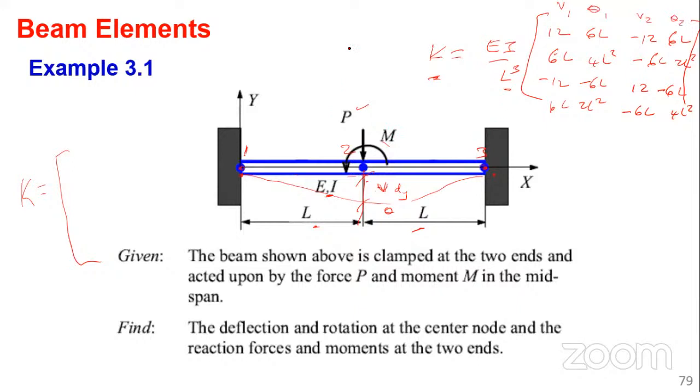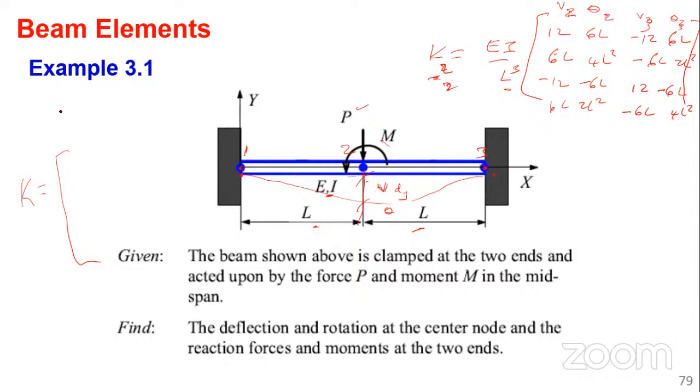For K2, basically the stiffness matrix is the same, but if this is K2, then here you have V2, theta 2, V3, theta 3.